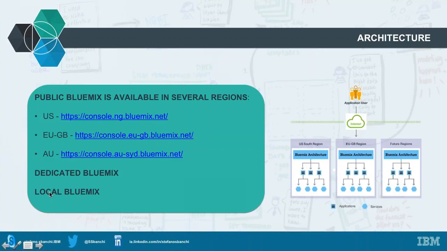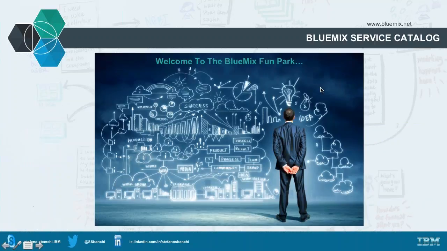So the customer needs to provide, with special requirements, the hardware infrastructure, and a dedicated, custom local installation of Bluemix is available on customer premises. Plus, you can do what is called the hybrid cloud, integrating public or dedicated services with your own on-premises services.